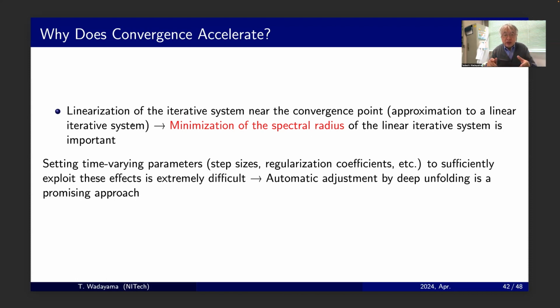A training process of the deep unfolding can automatically find a good step size sequence minimizing this spectral radius. Manually setting a step size to fully leverage these effects is extremely challenging. So, automatic adjustment by deep unfolding is a computationally tractable approach for controlling the spectral radius.